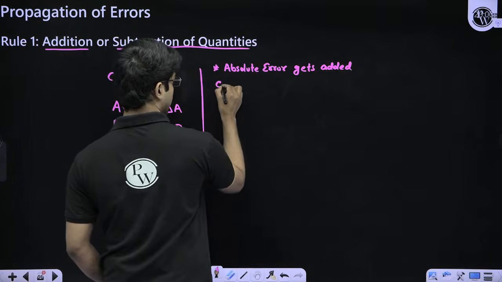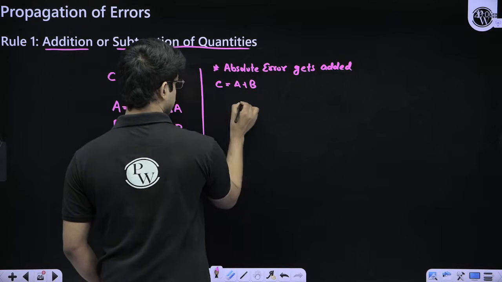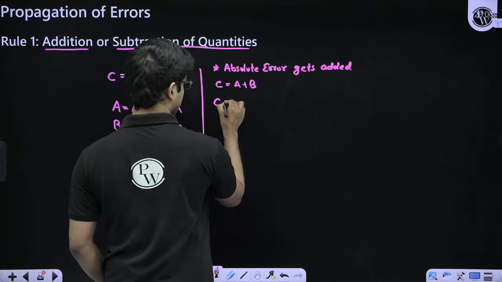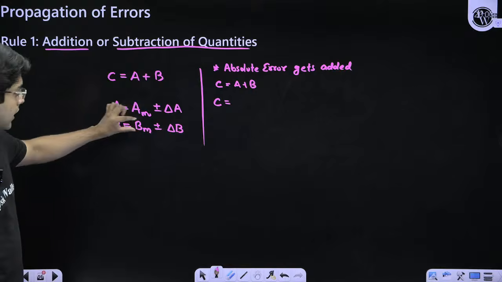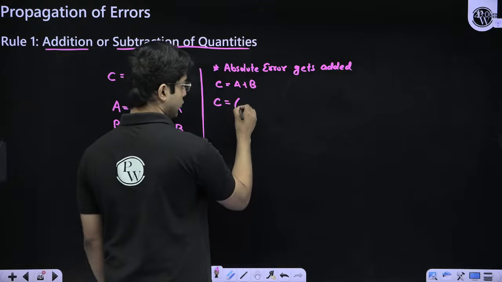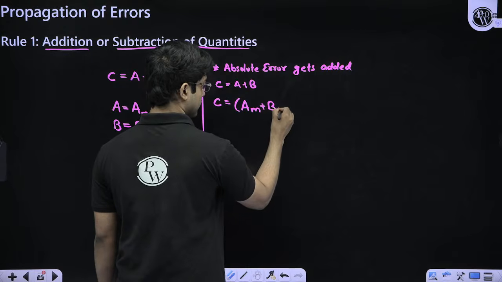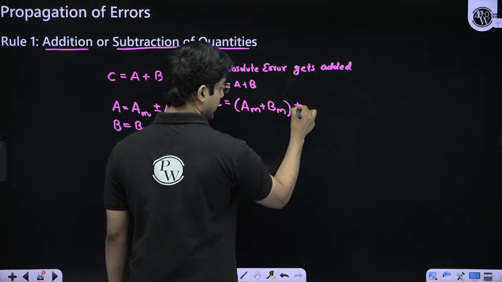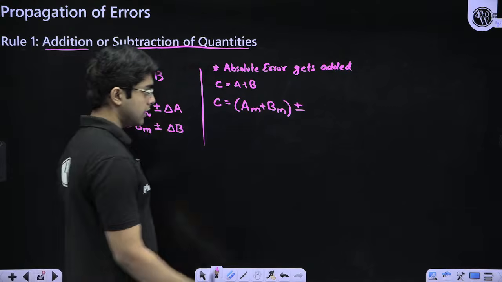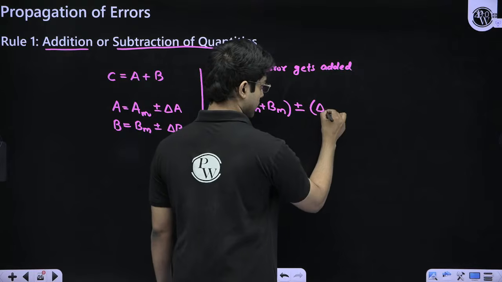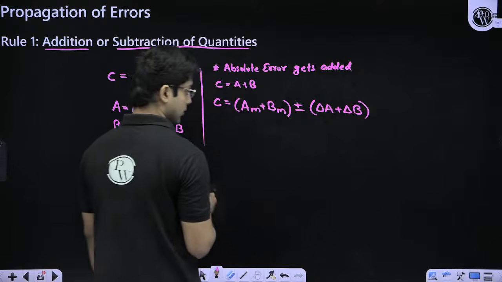So let's say we are doing A plus B. Okay, then C you will write it as, so you have to add A and B. So this measured value you will add AM and BM. And for the error part, you will add the absolute error, delta A plus delta B.